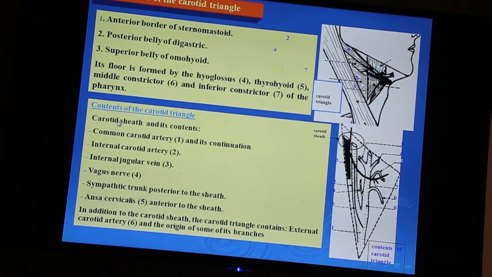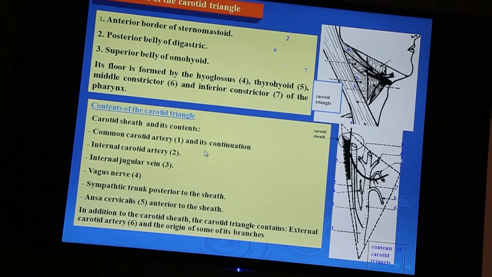The carotid sheath and its contents: common carotid artery and its continuation, internal carotid artery, internal jugular vein, vagus nerve. Also the sympathetic trunk is posterior to the sheath, outside the sheath, and the ansa cervicalis is anterior to the sheath.